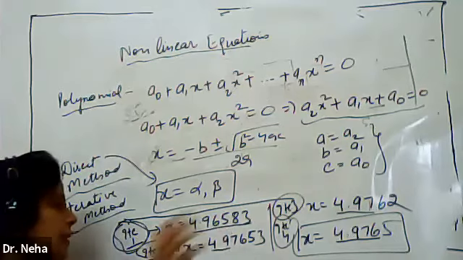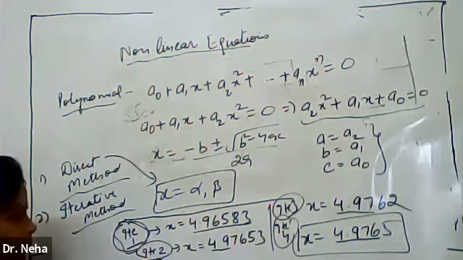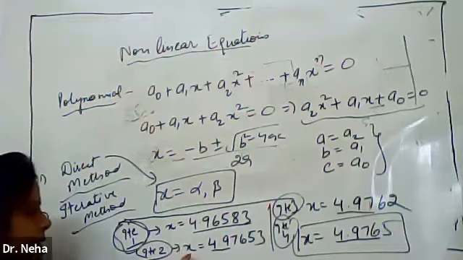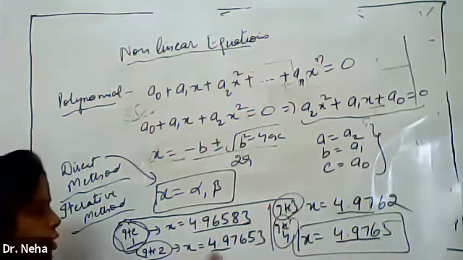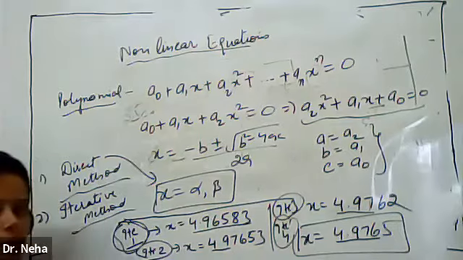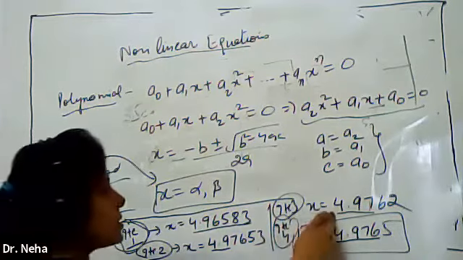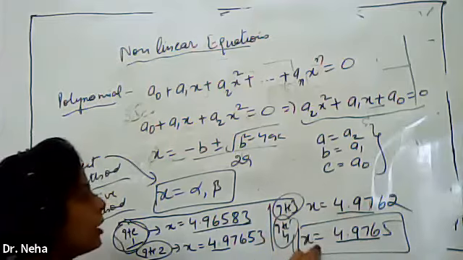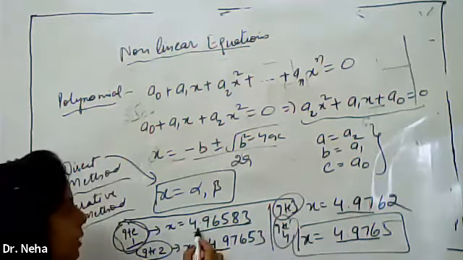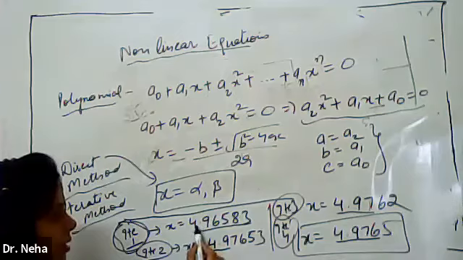You will again apply the same rule, and in the second iteration you got this value. Again applying the same formula, you got this value, and again applying the same formula you got this value. Now see what happened. Firstly, how many places are the same after the decimal?